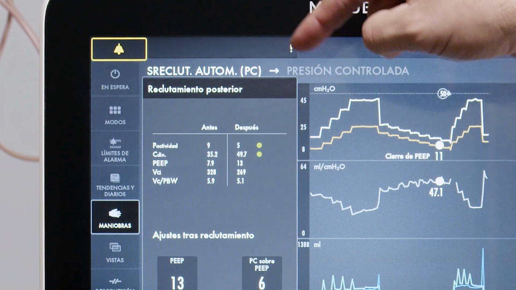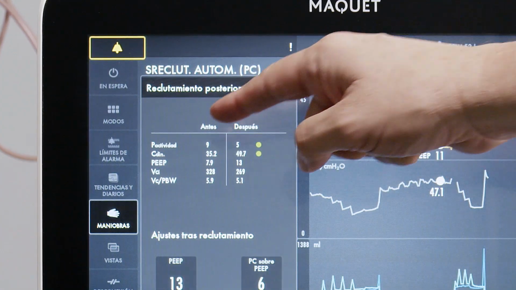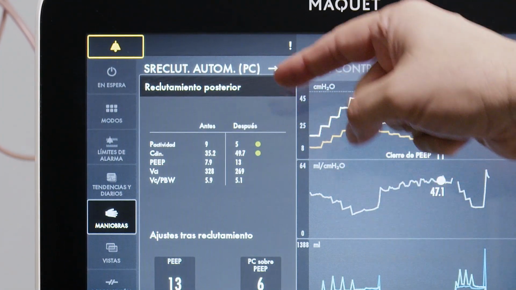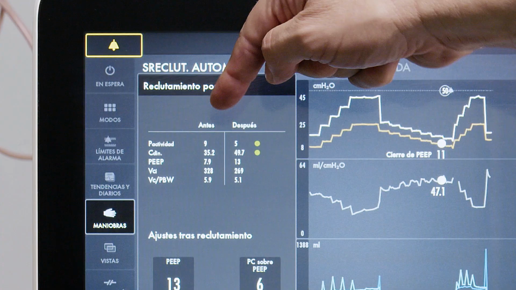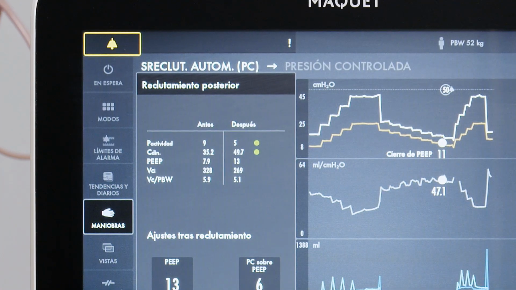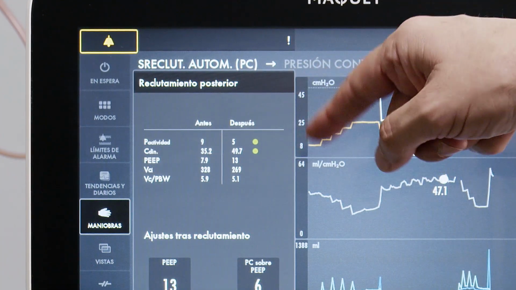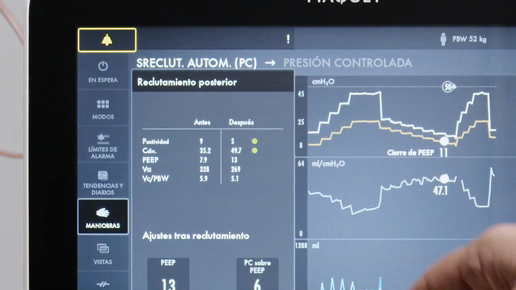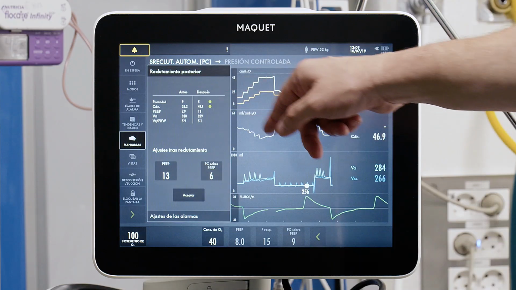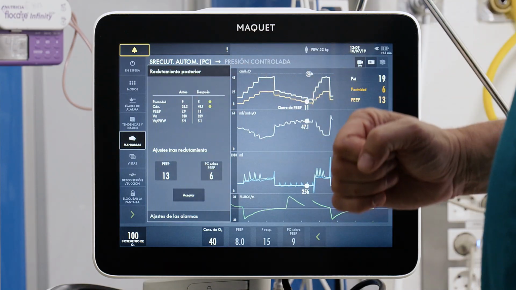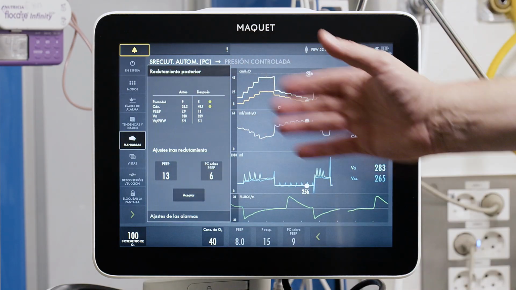This is why we have a reduction in the driving pressure. The PEEP level now recommended is 13 centimeters of water instead of the 8 centimeters of water she had before recruitment. Tidal volume was different because we were using 5 mL per kilogram during the PEEP titration trial, and this makes a difference of 1 milliliter per kilogram predicted body weight in total.